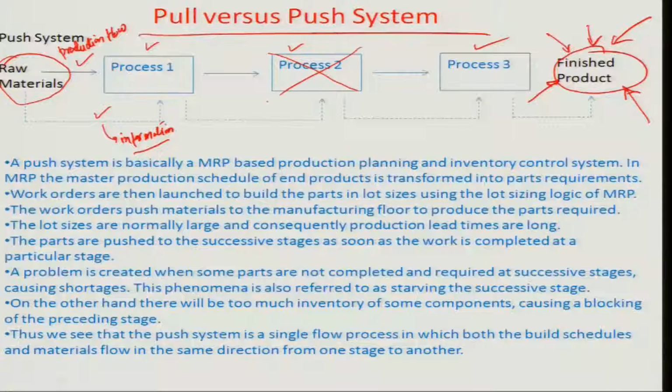That's why it's called push based: you are pushing the material in a forward direction all the way to the finished products. Supposing there is some snag in process 2, because of which process 2 stops producing the particular component at this level. Obviously the flow from process 1 is still continuing.